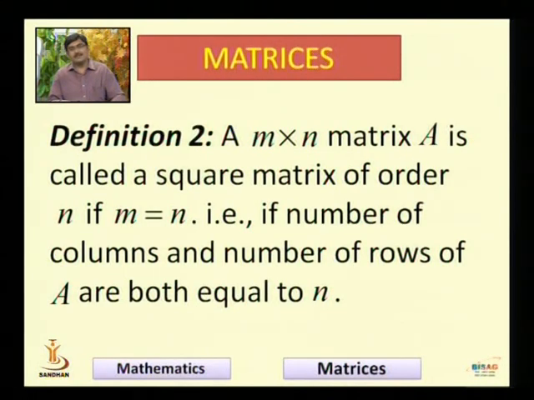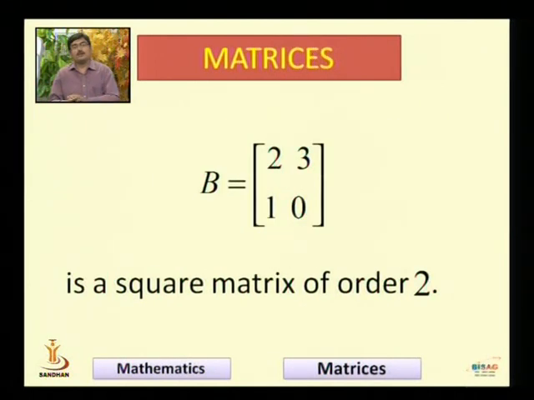So, such a matrix, instead of calling it a matrix of n cross n order, that is n by n order, we will say that it is a matrix which is square and it is of order n. So, let us look at a very simple example. The matrix that is given over here is a 2 cross 2 matrix. In short, we can say that it is a square matrix of order 2.